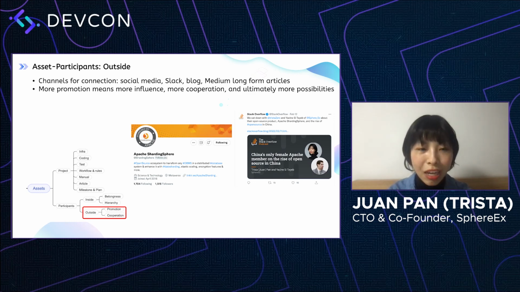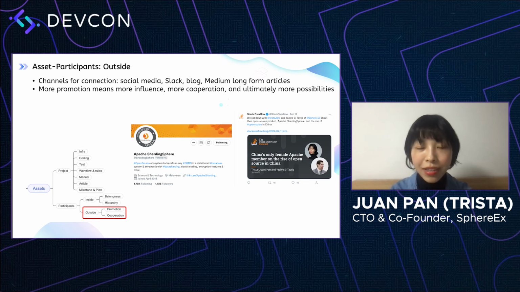So we interact with other media and with another Apache top level project. We also have some code meetups together, and we attended the Stack Overflow podcast, and that made the Apache ShardingSphere Twitter get a lot of followers, because we affect a bunch of people, not just one individual.